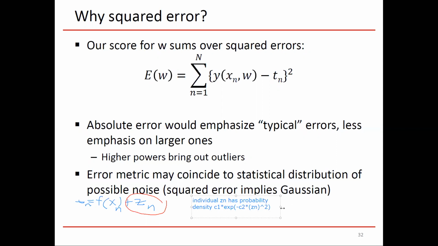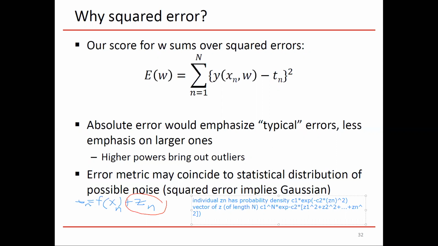And when we have a vector of z's, and the vector is of length n, we have c1 multiplied by c1 multiplied by c1 n times, so c1 to the power of n, multiplied by the exponent of minus c2 times, in parentheses, z1 squared plus z2 squared plus all the way to zn squared.